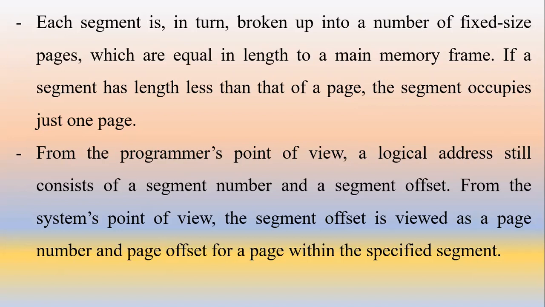If a segment has length less than that of a page, the segment occupies just one page. From the programmer's point of view, a logical address still consists of a segment number and a segment offset. From the system's point of view, however, the segment offset is viewed as a page number and page offset for a page within the specified segment.